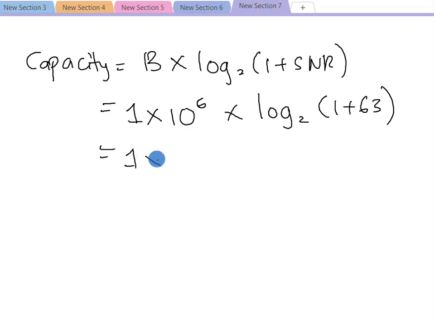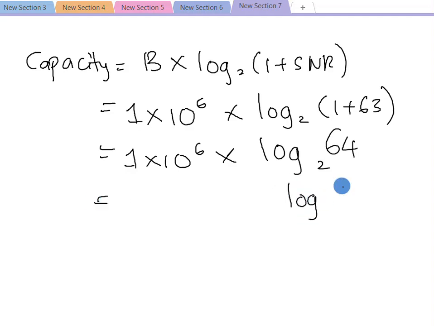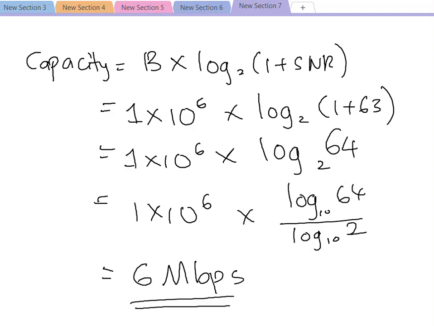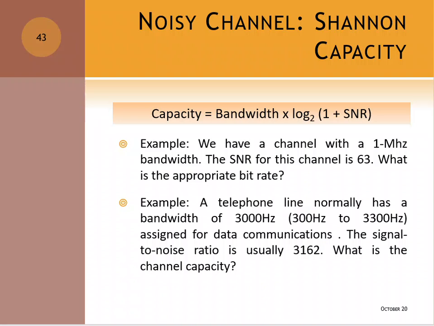So 1 times 10 to the power of 6 times log 64 to the base of 2. So if you calculate this one, ataupun you boleh corak je sebenarnya. Okay, 2 kuasa berapa? 64. 2 kuasa 6, right? Okay, so you akan dapat 6 megabit per second. Okay, next one. Next one, I think you can try on your own.